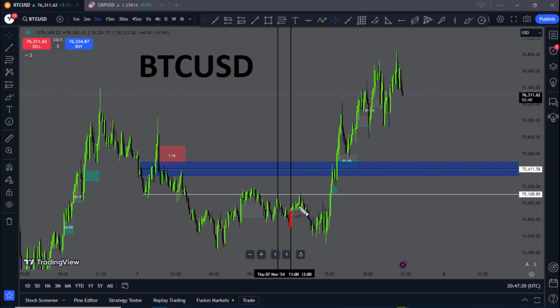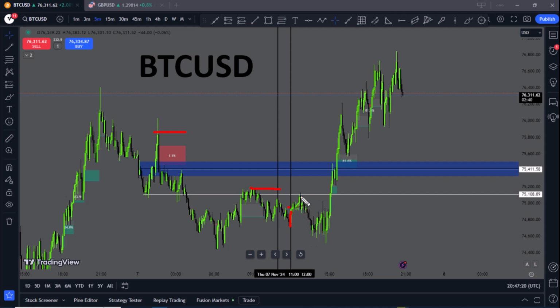Now, a lot of people could have just gotten into this trade here, probably with here as their first TP, and they'll be targeting this level as their second TP. But when we realized there wasn't a lot of pressure in it, you could actually see that the price was just trying to go up, but there's just a lot of pullbacks, right? So you could have just waited to see what will happen next.